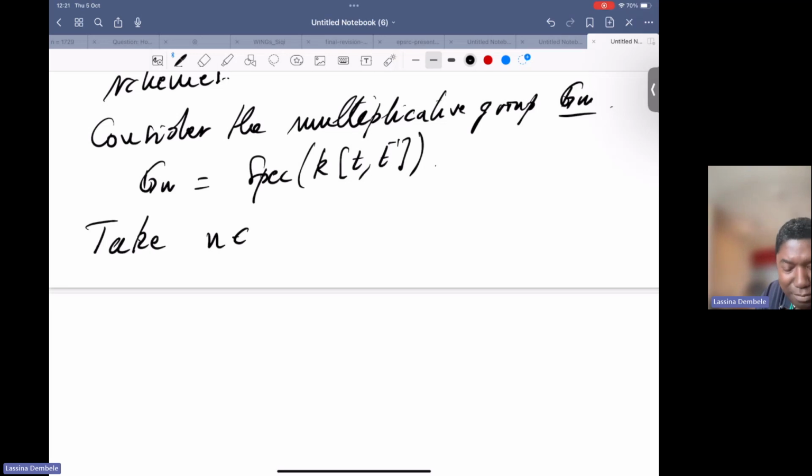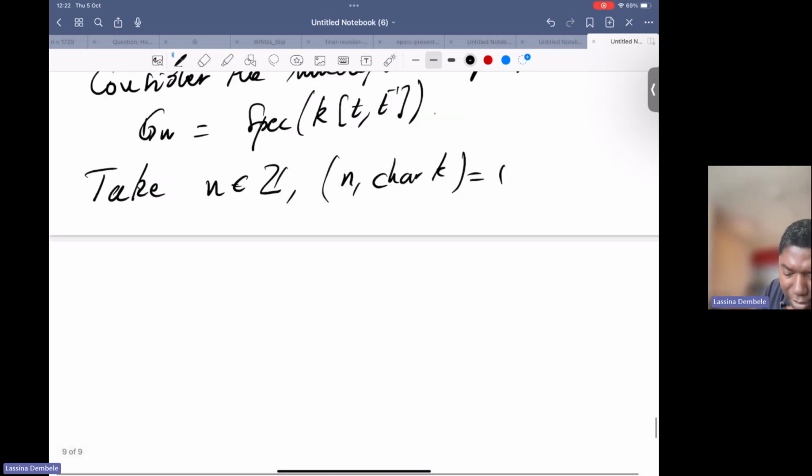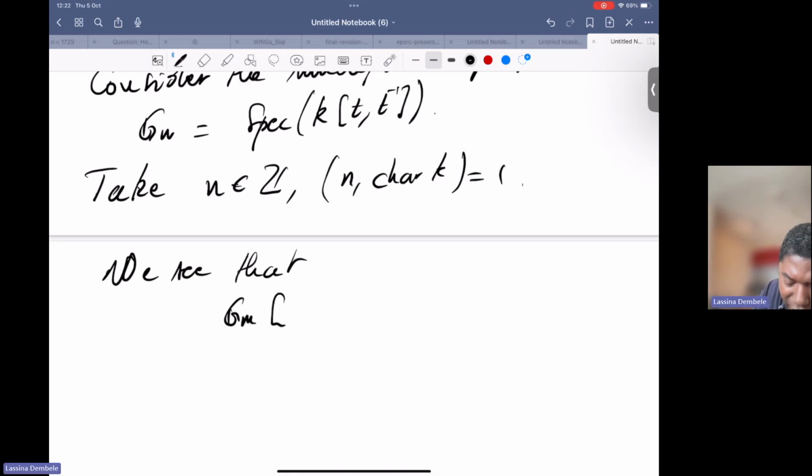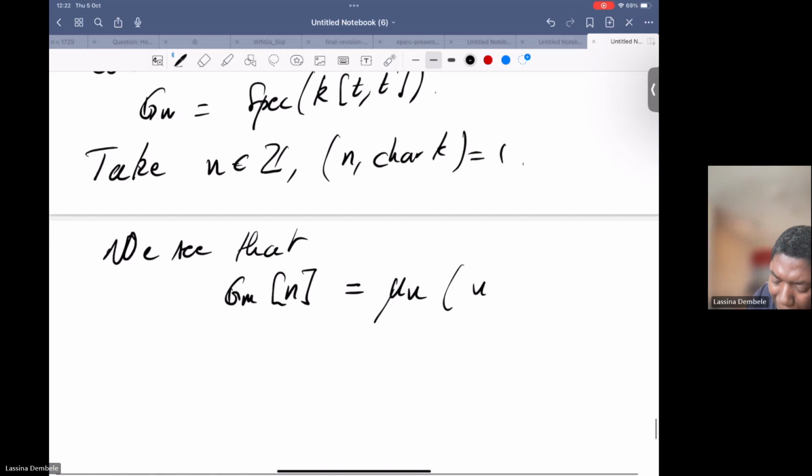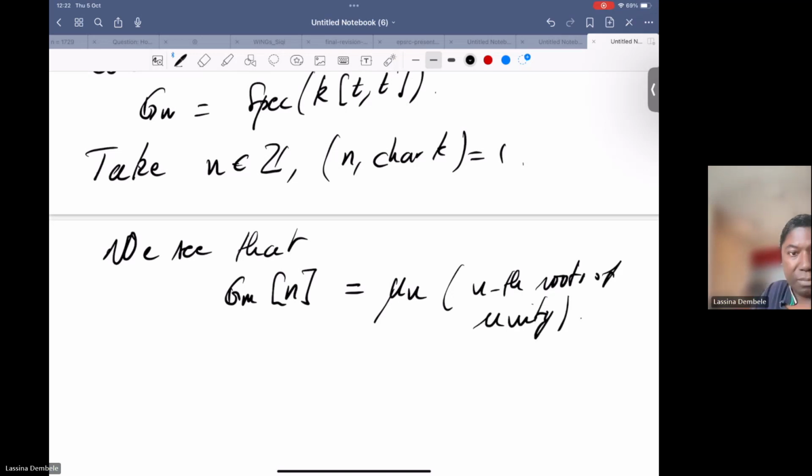If I give myself an integer n in Z such that n is coprime with the characteristic of my base field, then of course the n-torsion points of this group scheme would simply be the n-th roots of unity, mu n.